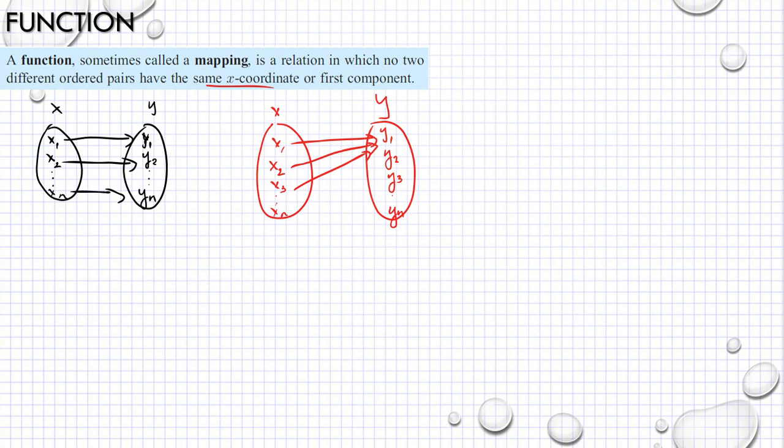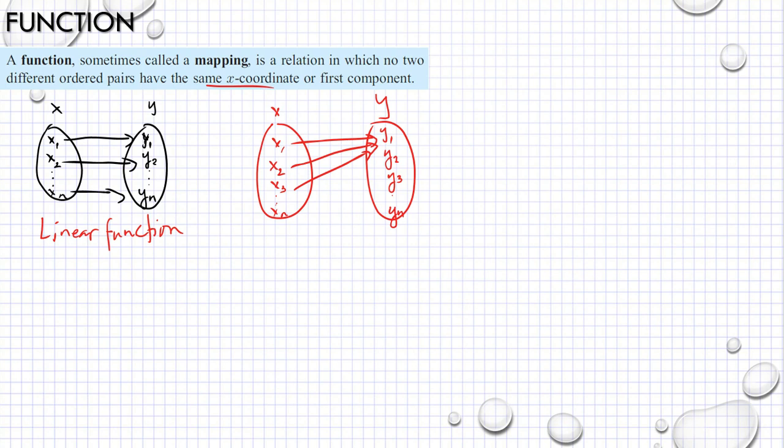Okay? And there are a lot of functions. This is what we call the linear function. And then this now is the polynomial function.